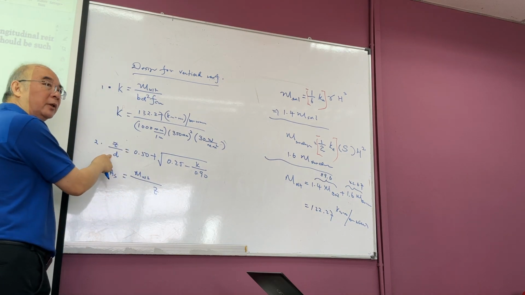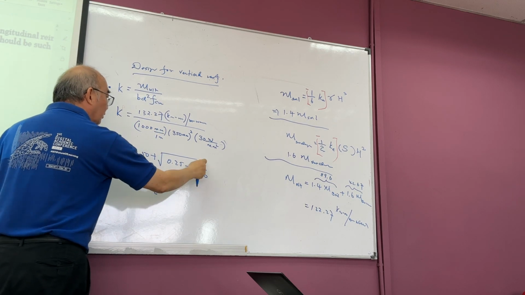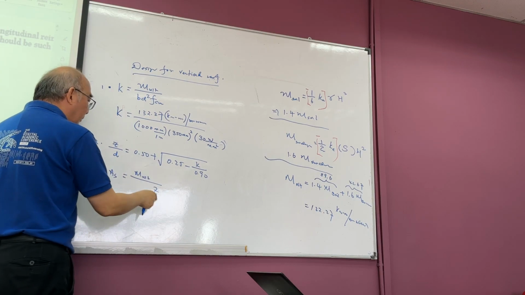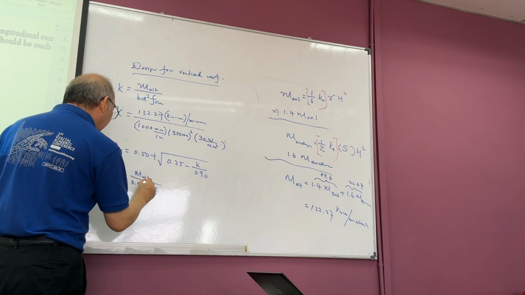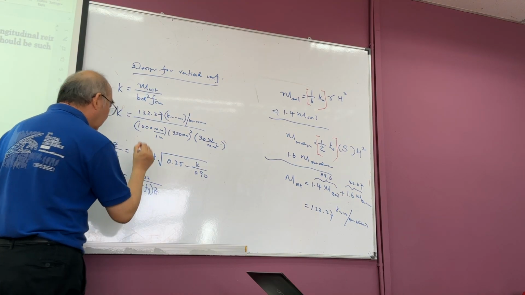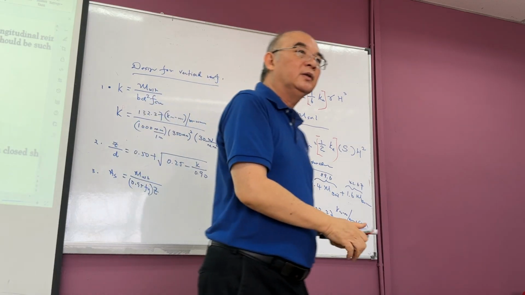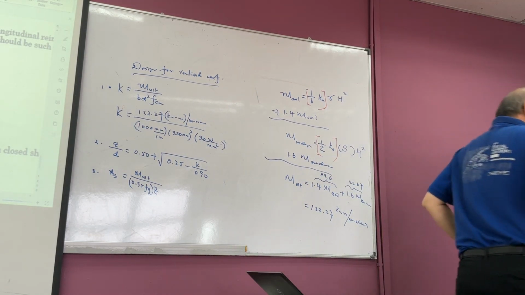0.95 f sub y Z. Here you get Z over D, right? So after K, you put it into here, you calculate this ratio, then multiply by d, you get the Z. Then here you use 0.95 f sub y. So why don't you now go through it and see what value you get.